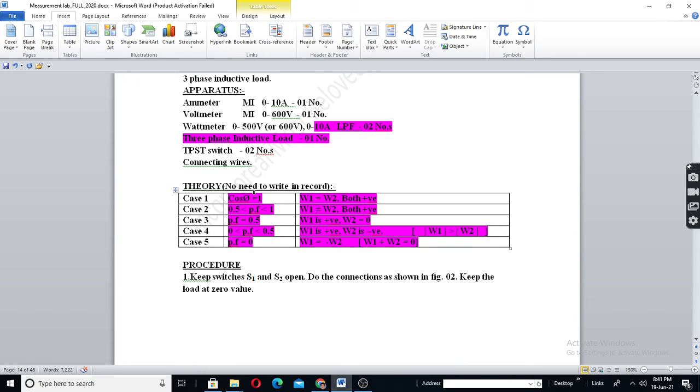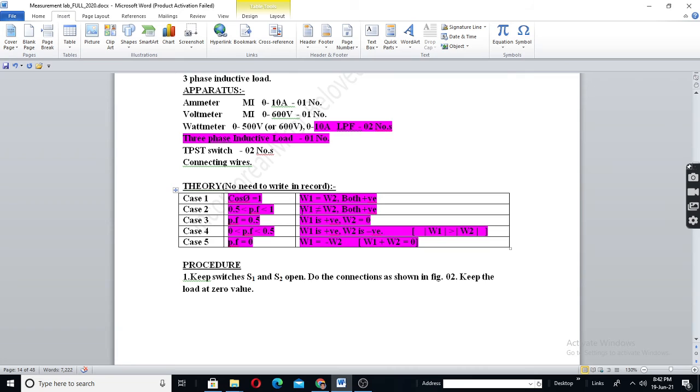If power factor is 1, W1 will be equal to W2. This you have studied in your first year electrical basics. When power factor is 0.5, one of the wattmeters will read 0.